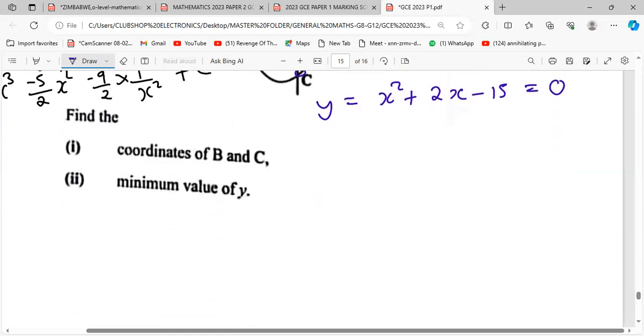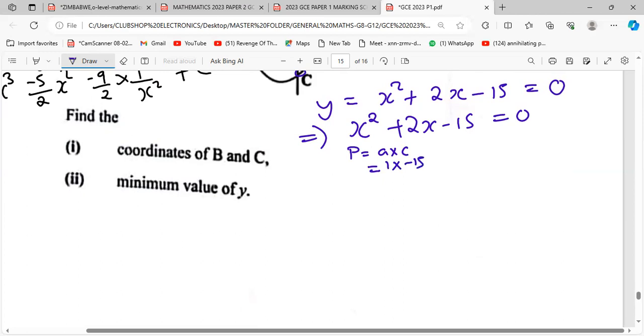We find the product, which is A times C. Our A is 1, so this is -15. Our sum is B, which is 2. So you need to find two numbers that multiply to give -15, whose sum is 2.